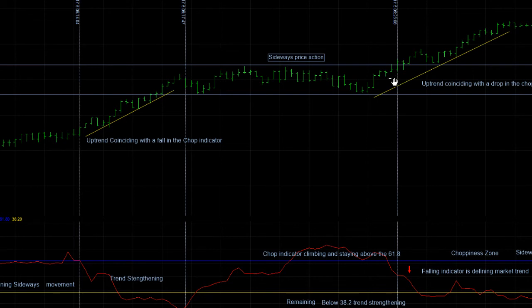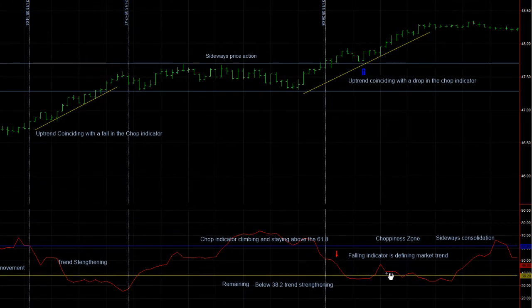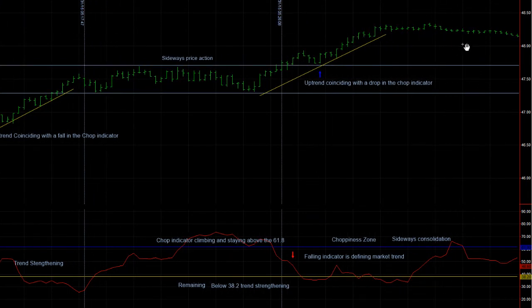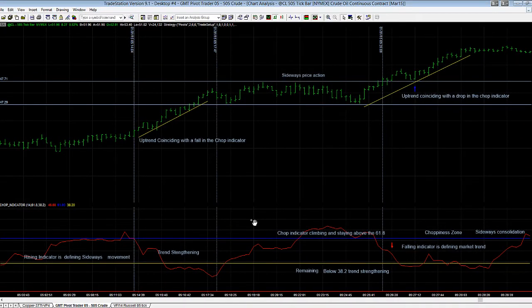True to form, where resistance was, price breaks up, then comes back to test that previous level of resistance, which is now support. Then we get that nice push up, and that coincides with our indicator falling away and staying below that 38.2 level. Then suddenly we get up to this point here and go sideways again. This is a really good look at what we're trying to get out of this indicator.